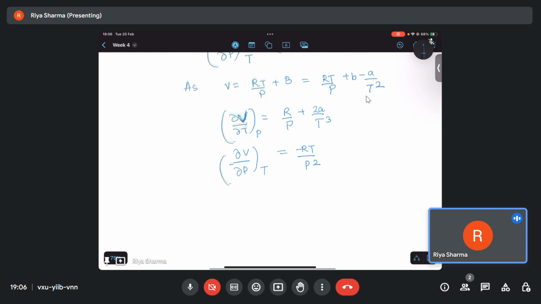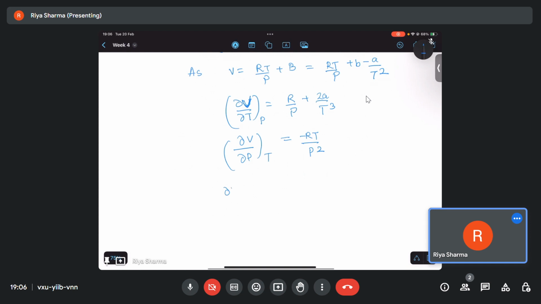So from equation 1, putting the values of 2 and 3 in equation 1, how much will it be?